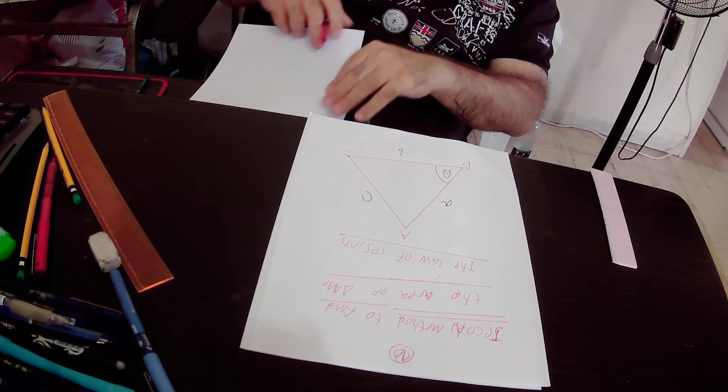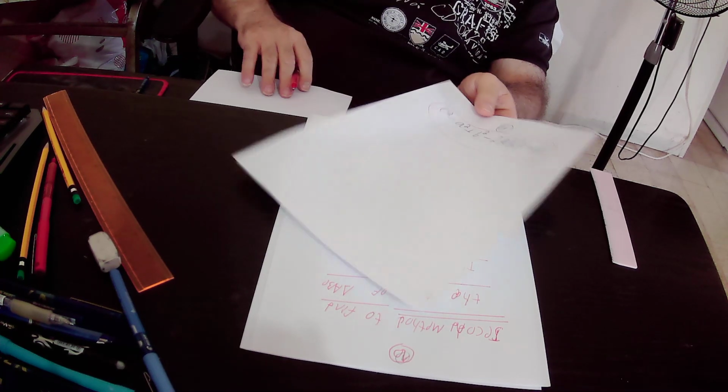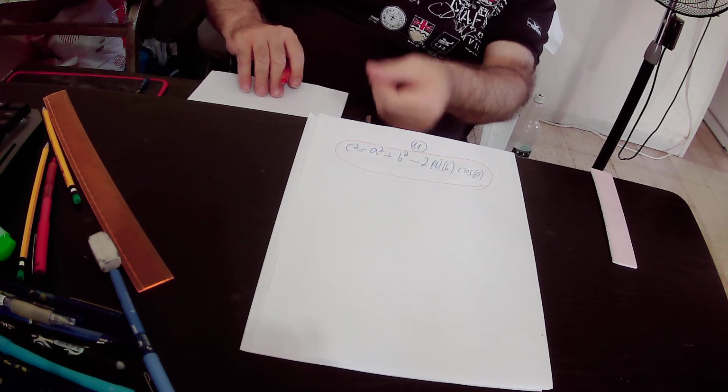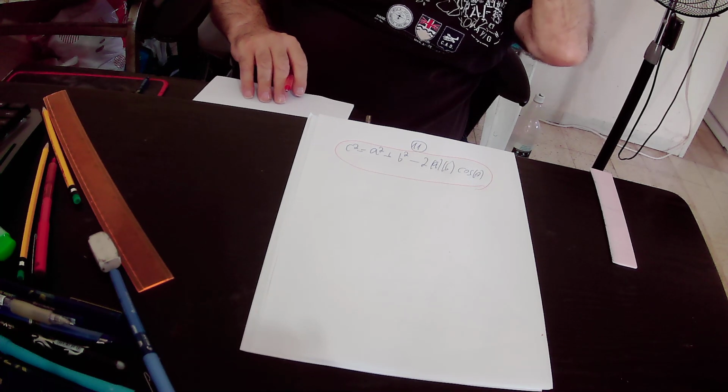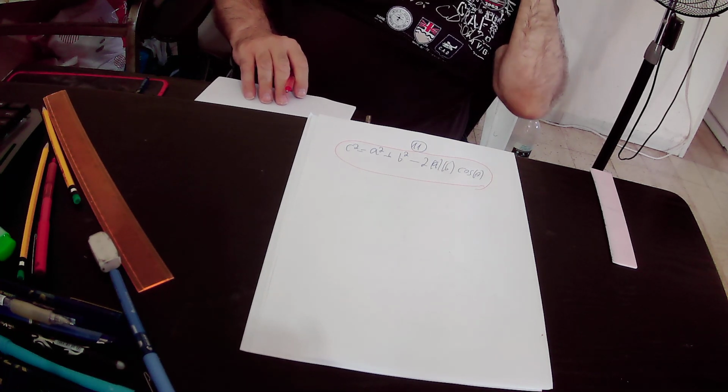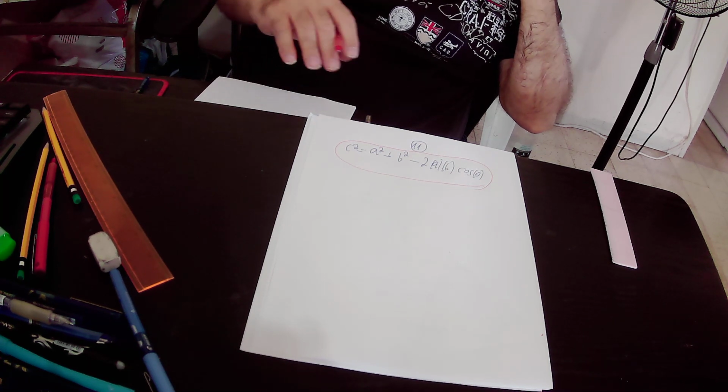Again, according to the law of cosines, c squared equals a squared plus b squared minus 2ab cosine theta.